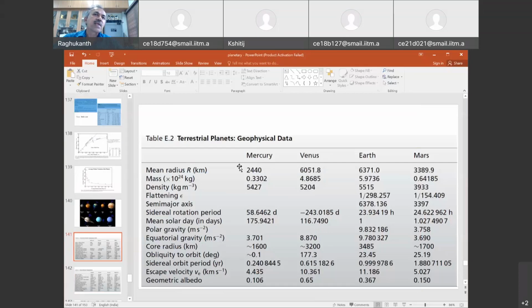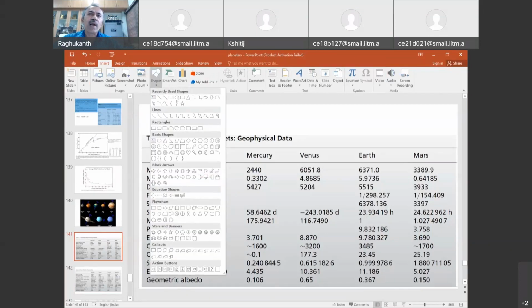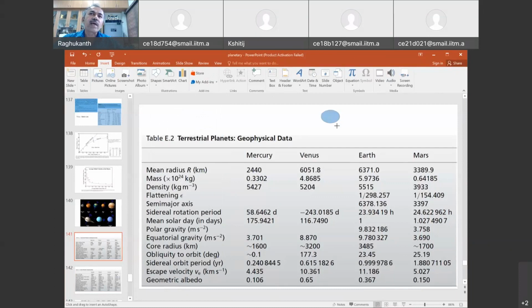Okay, and these are some geophysical data: the mass of the planets, the radius, the density, then flattening. Flattening relates to the shape of the planets.